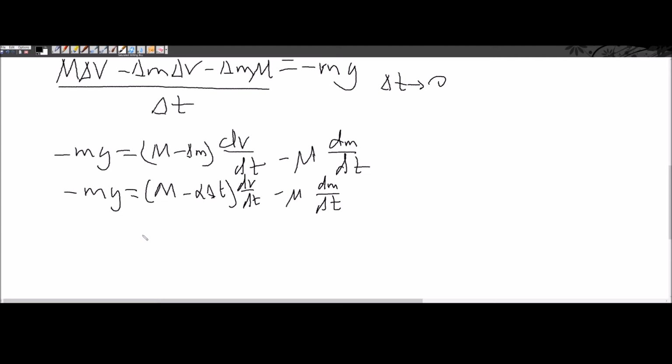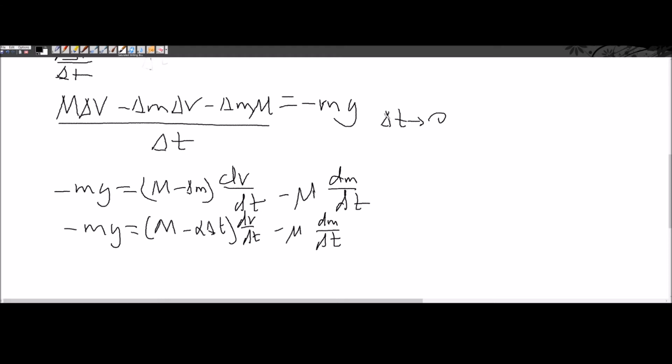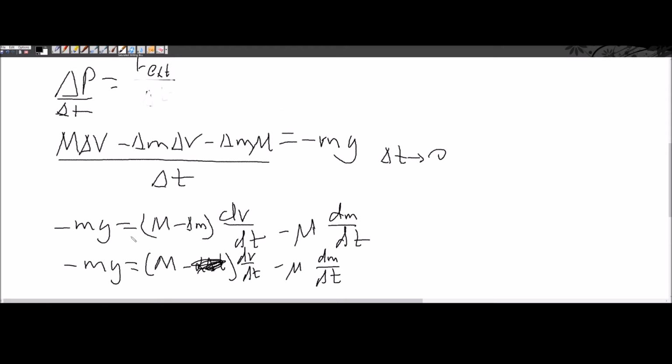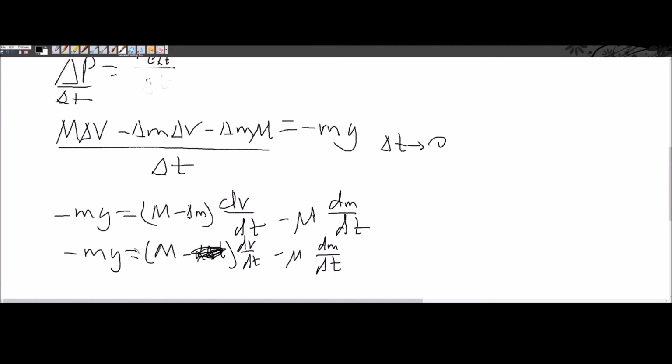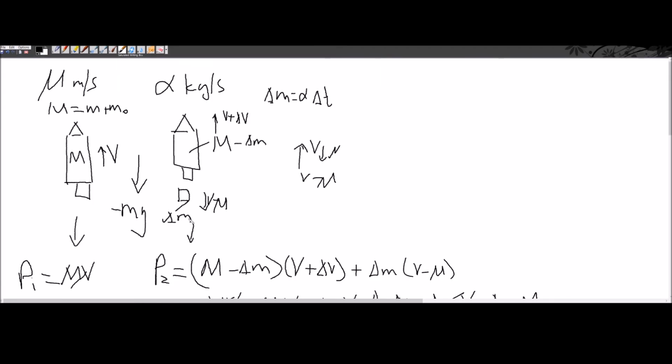Now we can also see that if you take the limit of delta t to 0, this term will just disappear. In the beginning, your mass is just going to be this plus that, and then after a certain amount of time, your mass is just going to be m minus delta m, which is the mass here.